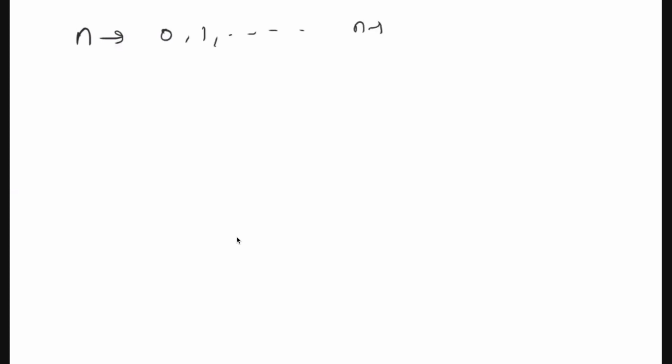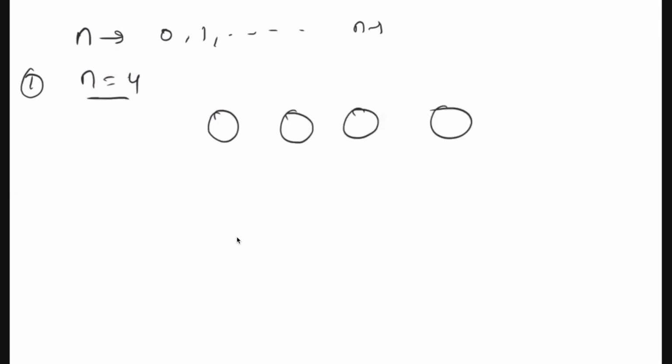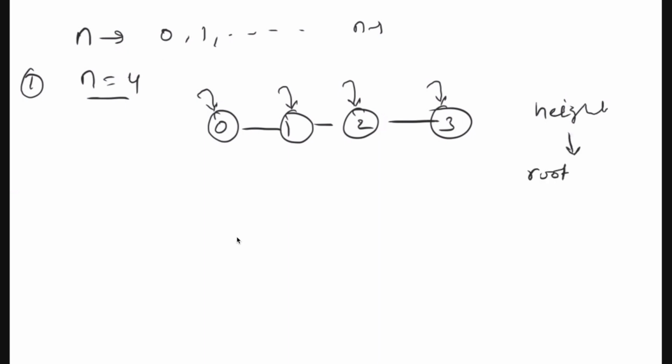Now just try an example. Suppose n is equal to 4 and we have the nodes 0, 1, 2 and 3 with the connections as such. The question says that in this tree we can consider any of these vertices or nodes as the root of my tree and then calculate the height for each rooted tree.